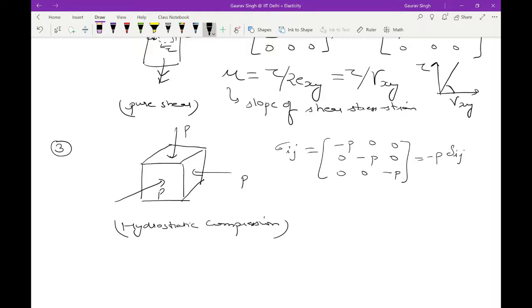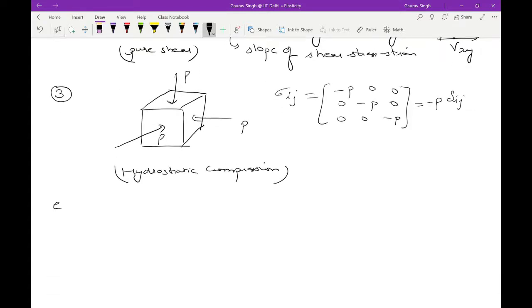Because you can just write this matrix of minus 1, 0, 0, 0, minus 1, 0 and 0, 0, minus 1 as minus delta ij.